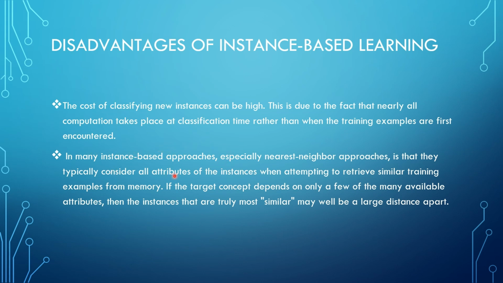The second one is that in many instance-based approaches, especially nearest neighbor approaches, they typically consider all the attributes of the instances when attempting to retrieve similar training examples from memory. If the target concept depends on only a few of the many available attributes, then the instances that are truly most similar may well be a large distance apart.